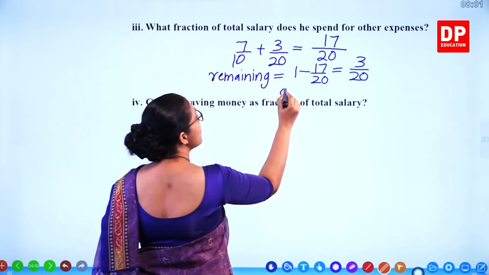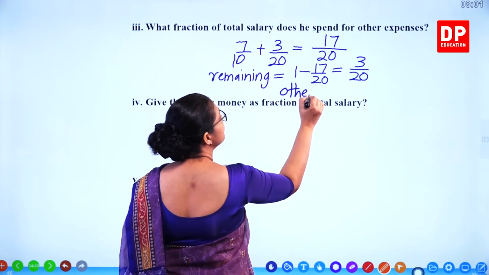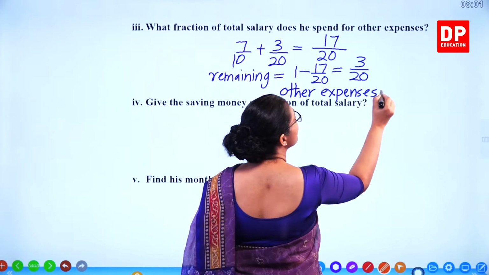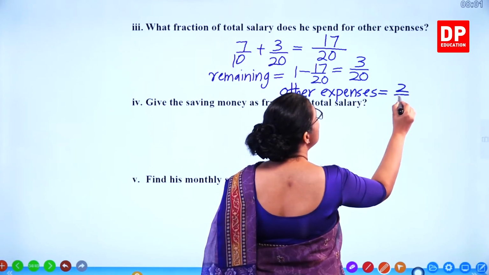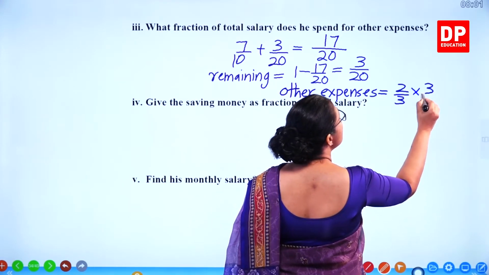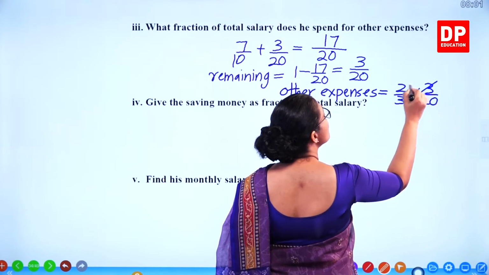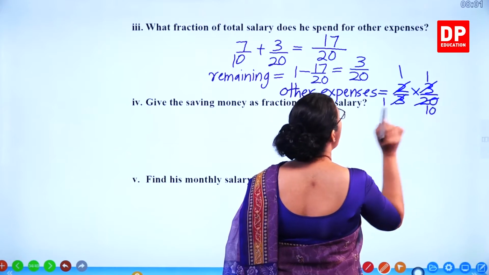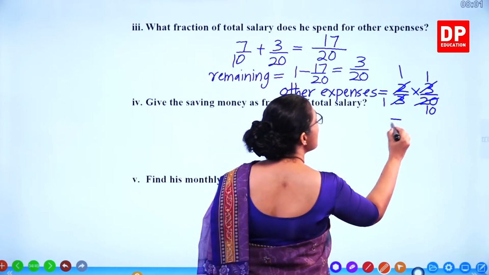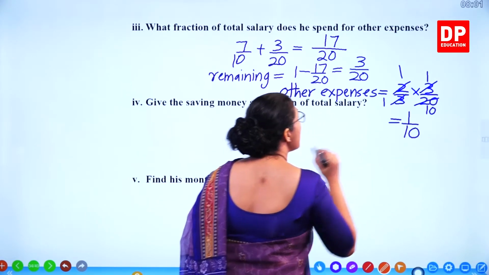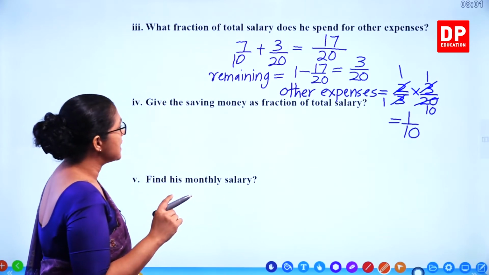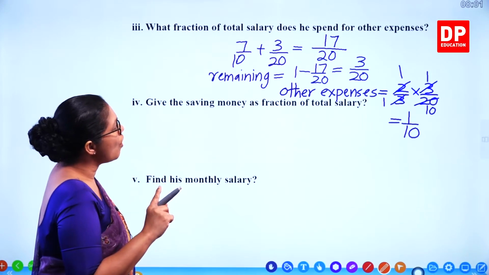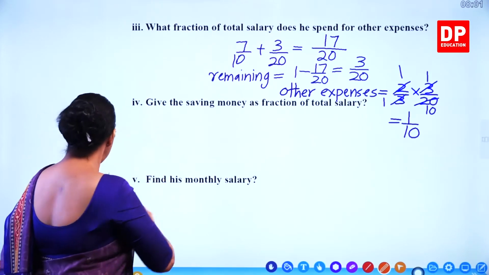So other expenses, two-thirds of 3/20. So you get 1/10. That's for other expenses.